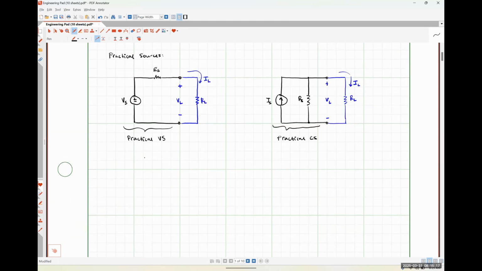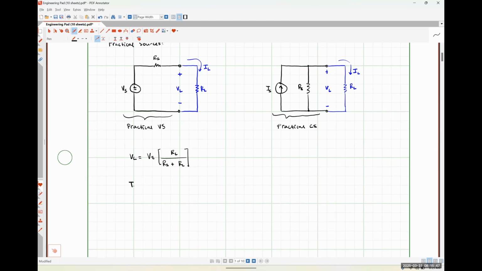So for our left-hand circuit, I'm going to find our load voltage VL using voltage division because I have a voltage source with two resistors in series. So my known voltage in this case is Vs, and my ratio of resistances is going to be RL in the numerator, since I'm finding the voltage drop across it, over RS plus RL.